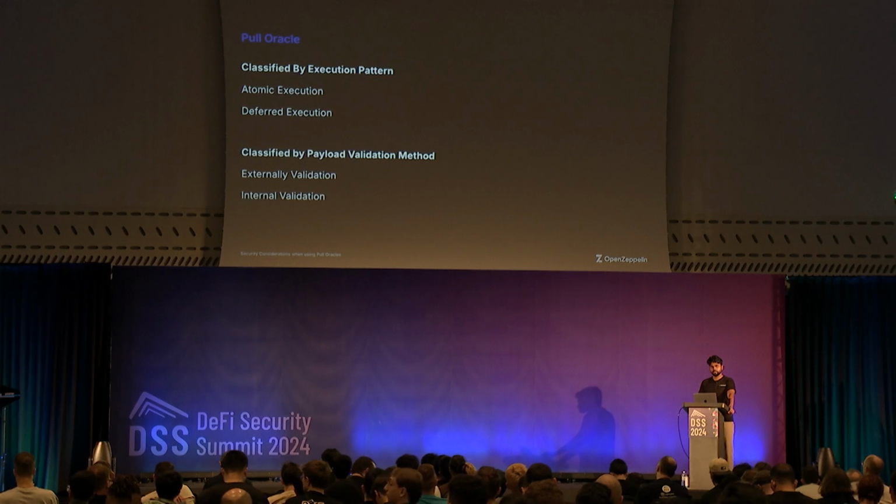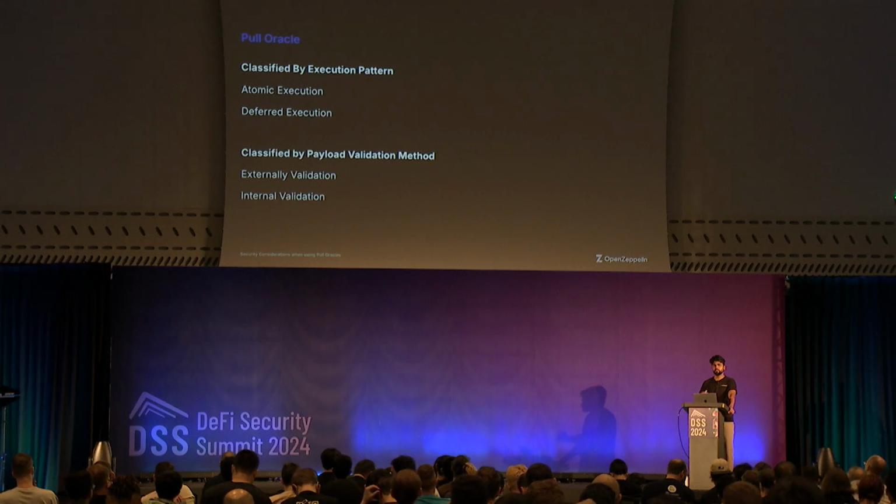Some types of pull oracles have atomic execution. You deliver the price in the same transaction where the action is supposed to be executed. Let's say I want to borrow from a lending protocol. I'll give the price of all the assets in the same transaction, and I'll also borrow in the same transaction.